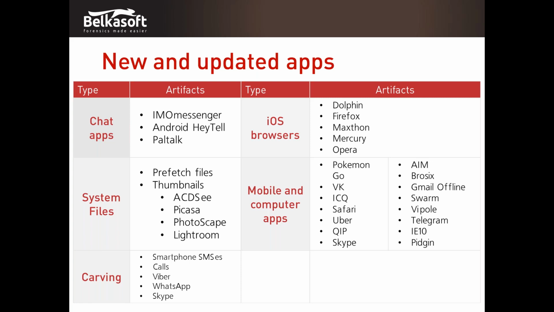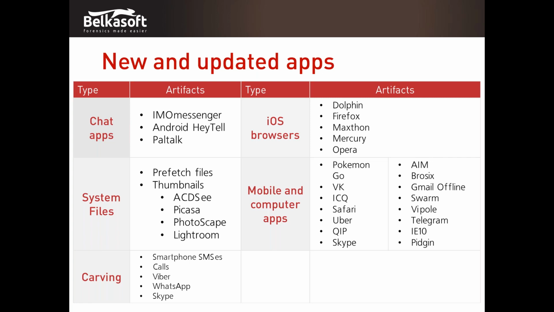The next page is about what artifacts we added or updated in 8.3. You can see a number of chats, some major browsers for iOS, a number of system files, including prefetch files, which were requested by our customers for a long time.